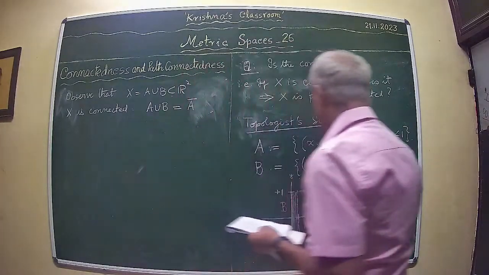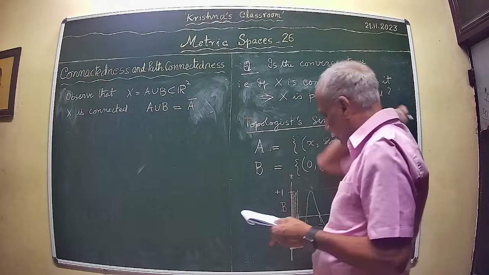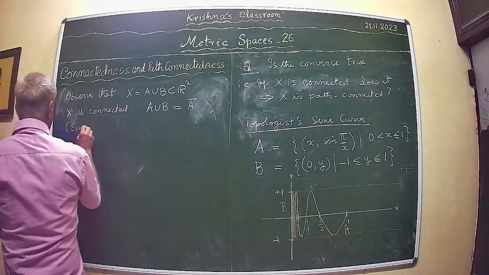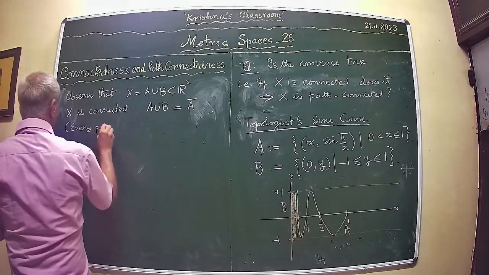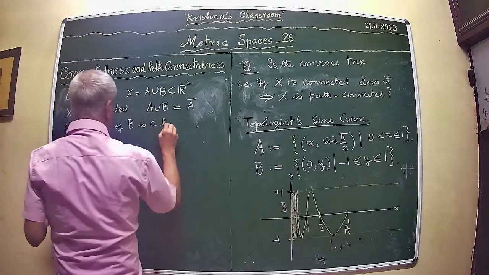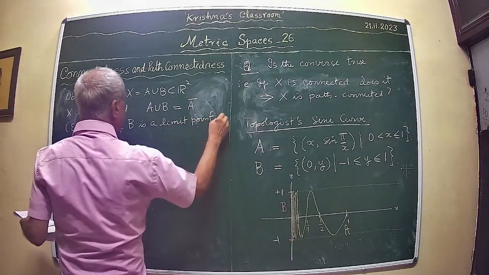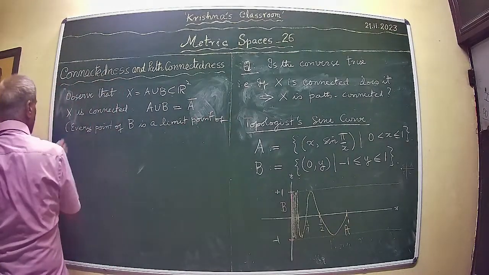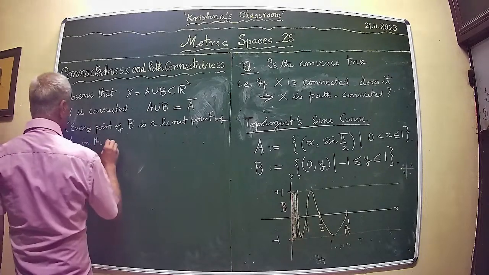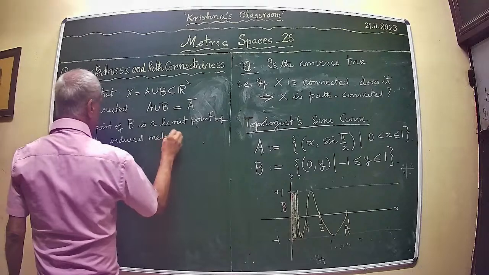Why? Because you can get every point of +1 to -1 or every point of B in the induced topology.